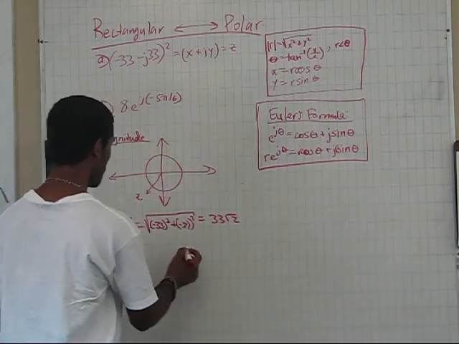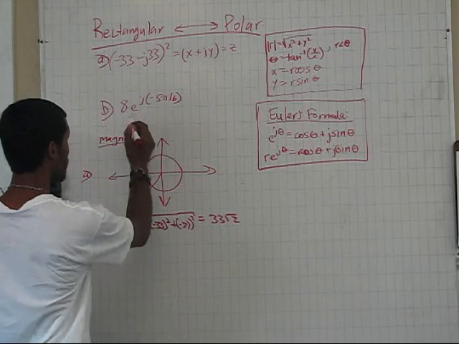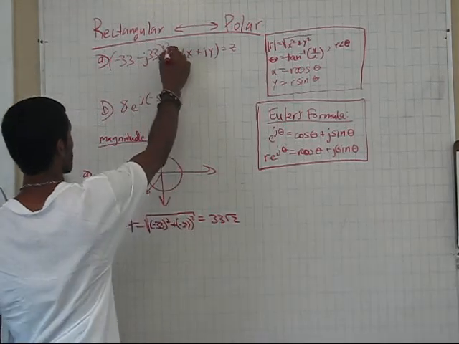And now the step is you have to convert it to polar. And then you square the function, which is up here.